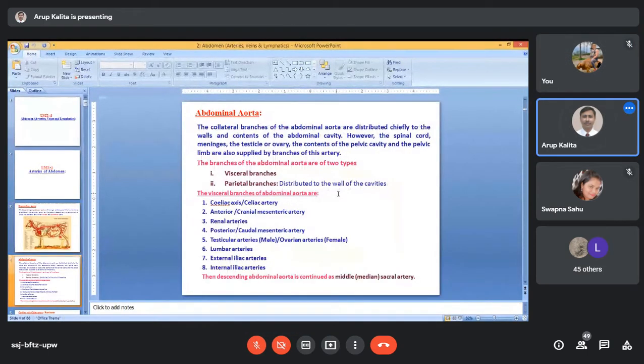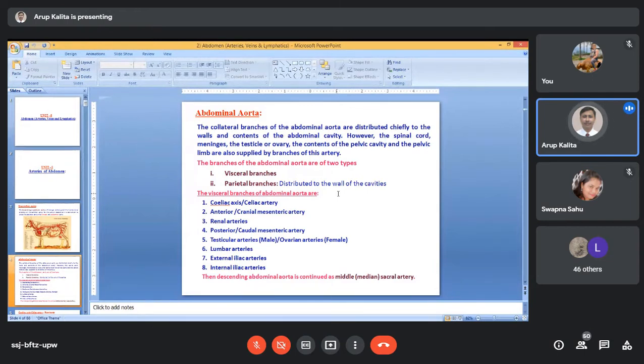Next. Now the collateral branches of the abdominal aorta. So we are concentrating now on the abdominal aorta, that means the descending aorta that is present in the abdomen region. There are 2 types of branches of an artery. One is called collateral branch, another is called terminal branch.